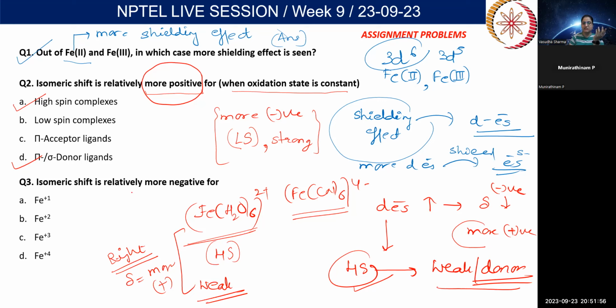Isomeric shift is relatively more negative for iron. You have been given four options: iron +1, +2, +3, +4. Which one is going to give you the more negative value? Fe plus 4, ma'am. Why is it so? Why does iron +4 have the more negative value?